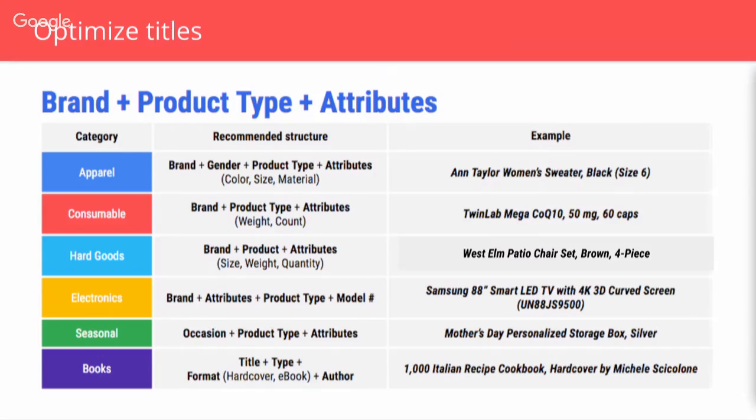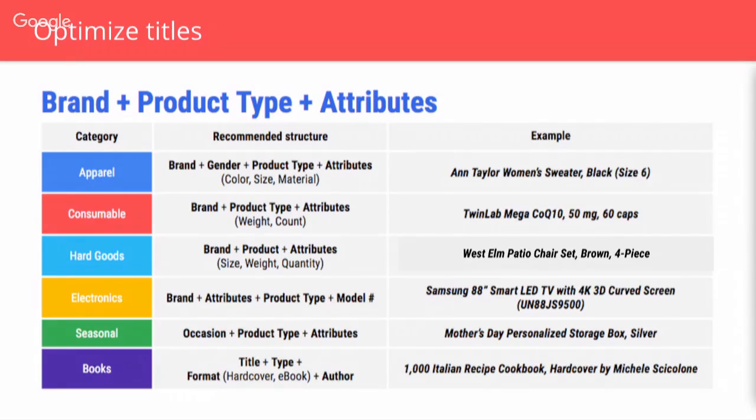All right, so in terms of these titles and how to optimize them, here is a laundry list. I know this is quite long, but I highly recommend that you take a screenshot of this or go back and look at it, because it's a really good overview of best practices for structure for specific categories. Typically, it's going to go brand, product type, and then attributes.